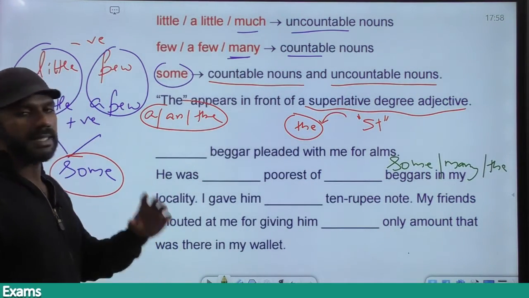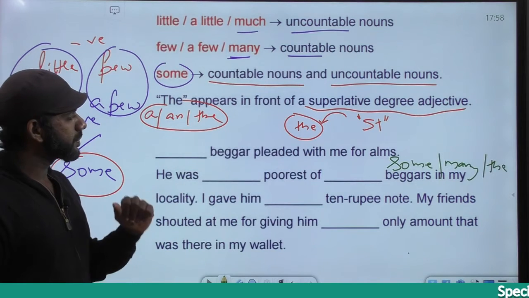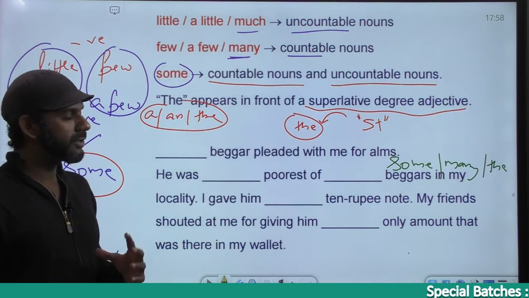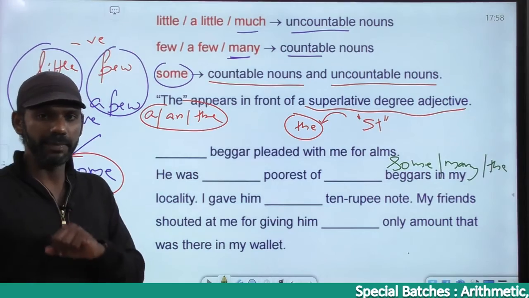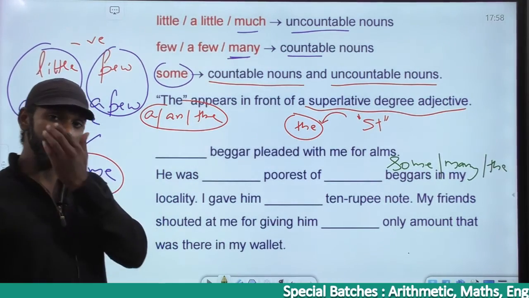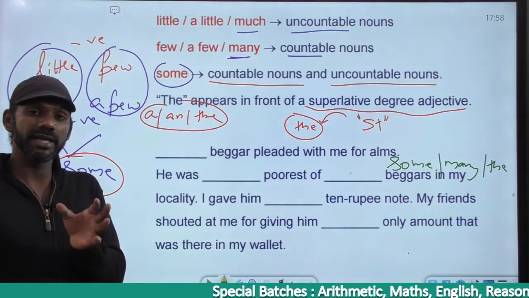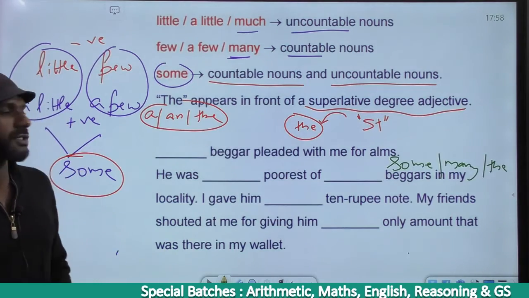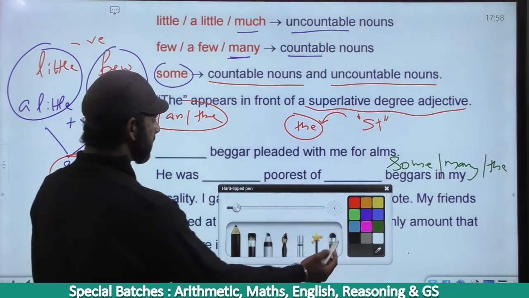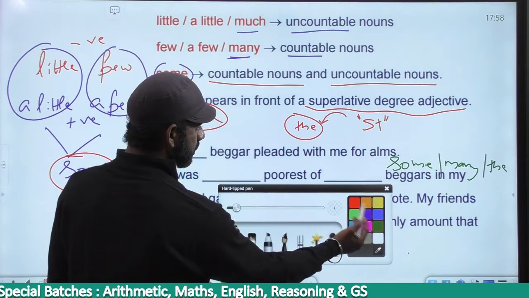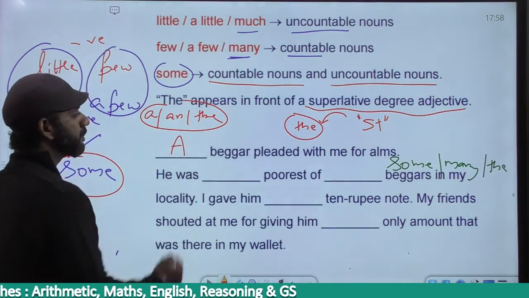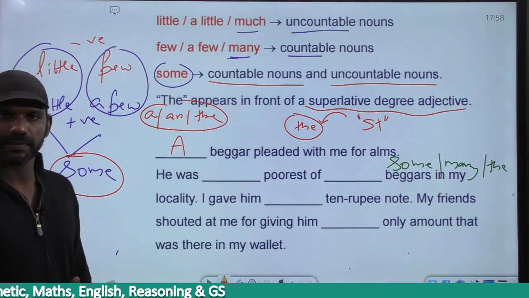Understand the meaning. Dash beggar pleaded with me for alms. Anyway, we can also say an beggar, a beggar or the beggar. I told you it starts in a general way and then moves on to specific. So it must be a beggar. A beggar pleaded with me for alms.